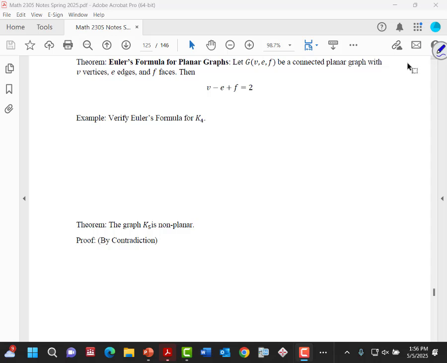So let's verify Euler's formula for K4. So what did K4 look like? I feel like I've drawn it 3 times because I have. Like so. Okay.